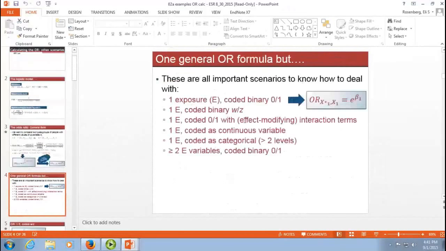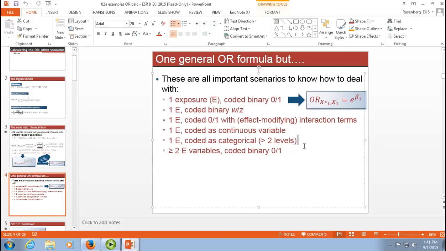The odds ratios behave in interesting ways. The formula reduces to interesting things when you have a single exposure coded as binary, or a single exposure coded as a continuous variable. What if it's an environmental exposure that has some continuous measurements? What does the odds ratio look like in those situations? What if you have a categorical exposure variable, and so forth?